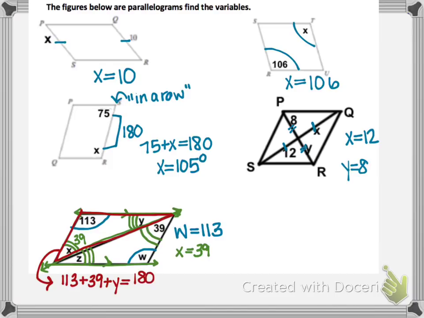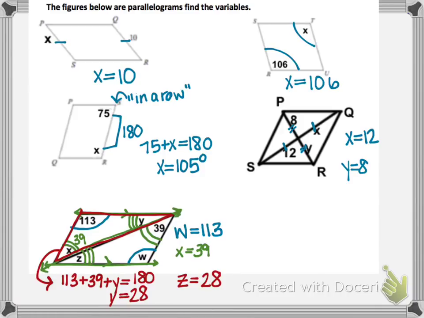And when I take 180 and I subtract out those other angles, y is going to equal 28. And since y equals z, that means z equals 28. So having those parallel lines is really helpful. It gives us a lot of different angles in there. There's just oodles of congruent stuff when we do that.